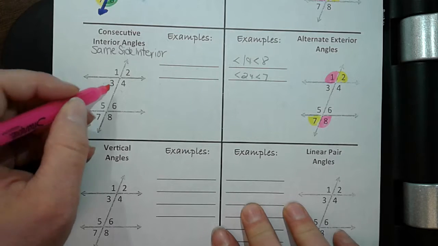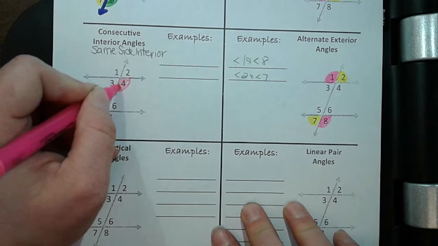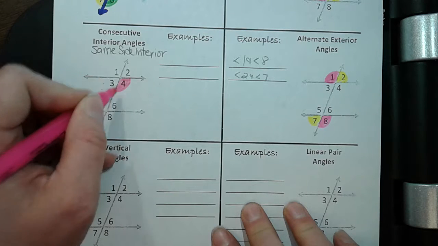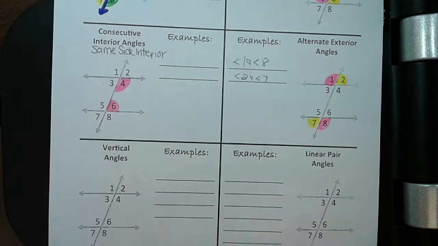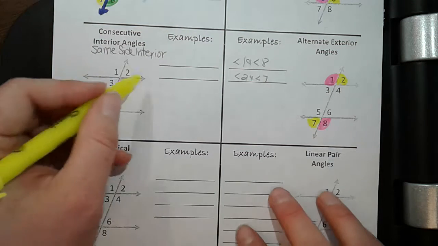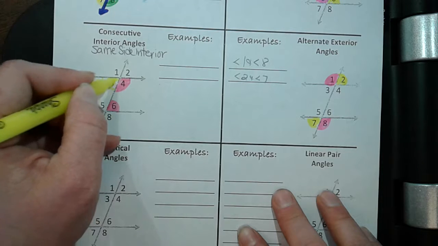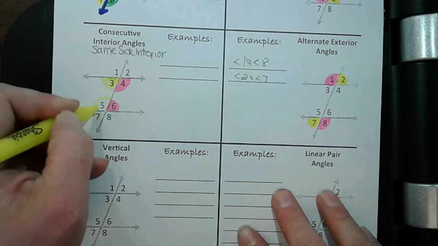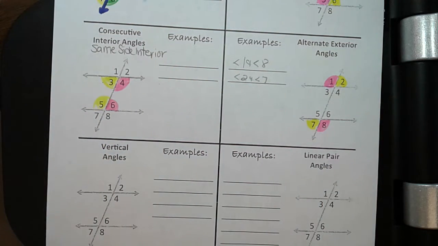And then interior means they're inside the parallel lines. So that would make 4 and 6 same side interior angles because they are inside the parallel lines and on the same side of the transversal as each other. And then 3 and 5 are a pair of same side interior angles.